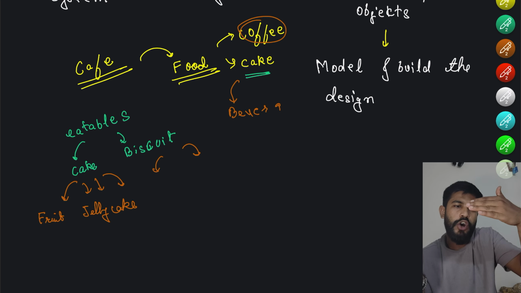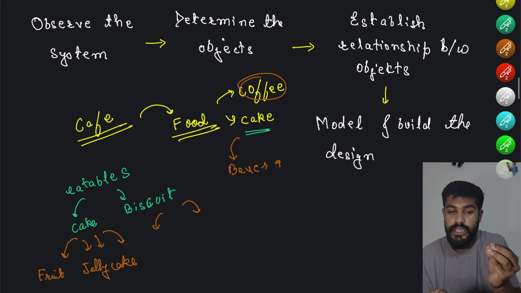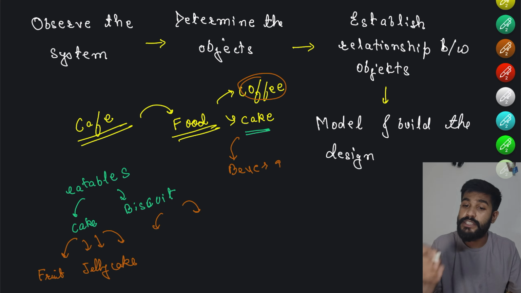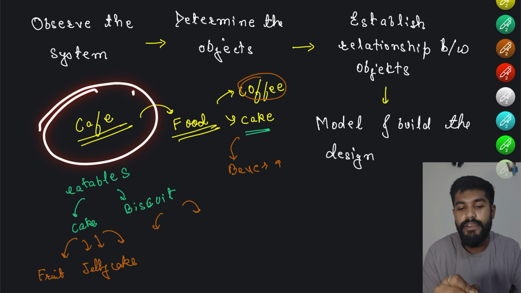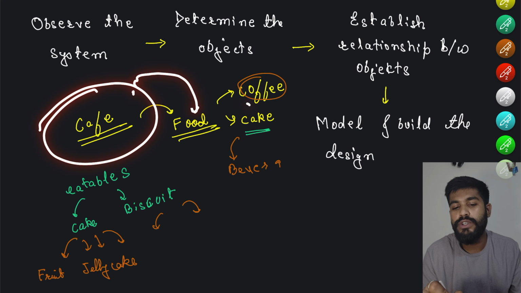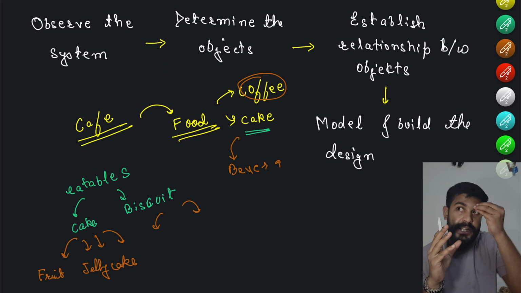So this responsibility of observing the system was telling me that I want to build a cafe. As of now I would give foods like coffee and cake. But this is determining the objects.